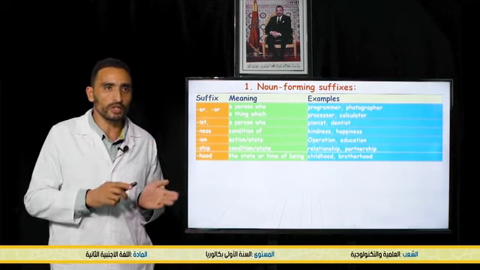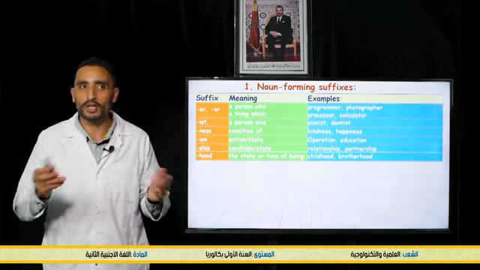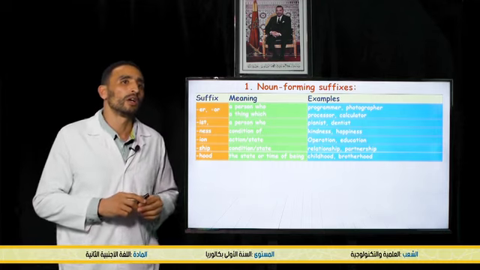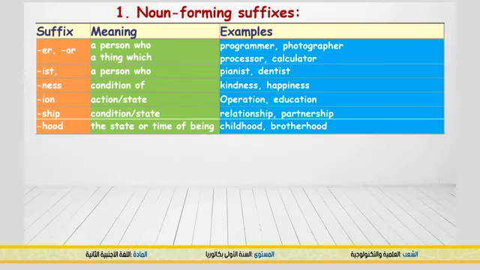Happy is an adjective and the noun is happiness. Crazy, craziness. Lazy, laziness. And there are many adjectives that can turn into nouns using the suffix ness.